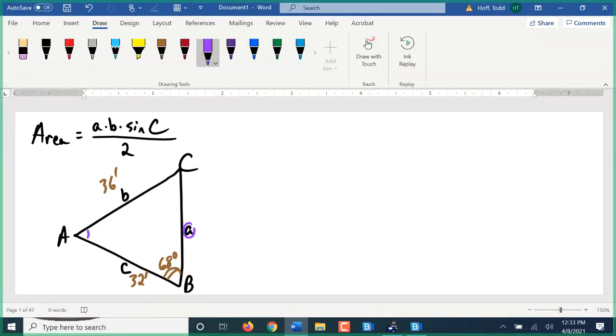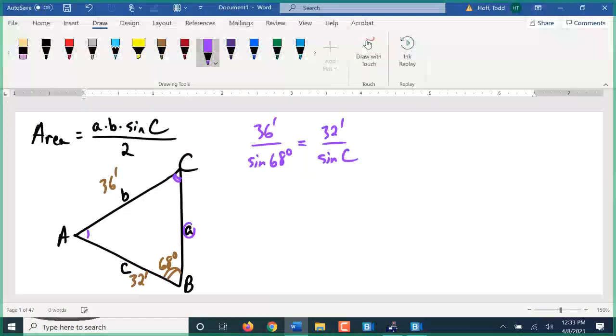The only thing we can find right now is this angle up here, angle C. We'll set it up as 36 feet over the sine of 68 degrees, that's a side and its opposite angle, is equal to the 32-foot side over the sine of its opposite angle, which would be the sine of angle C.